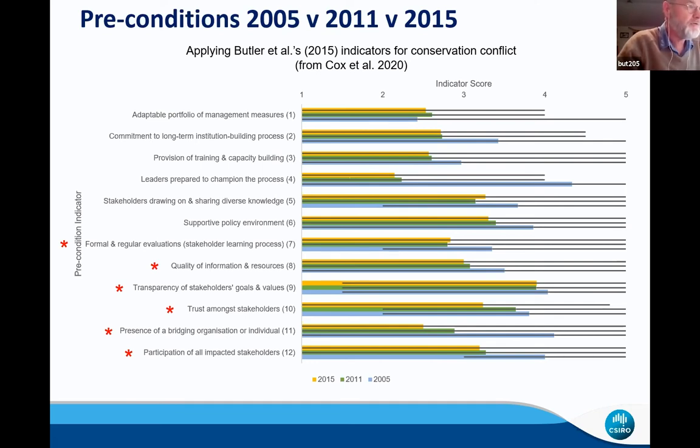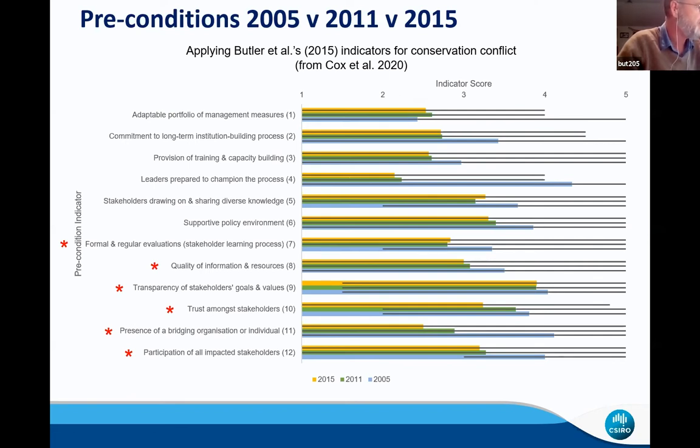all impacted stakeholders. And what you can see for those last 6 indicators, starting with the formal and regular evaluation, people felt that had been quite strong in 2005, but had fallen back. Ditto the quality of information and resources, the same thing. It wasn't too bad to start with, but was declining.